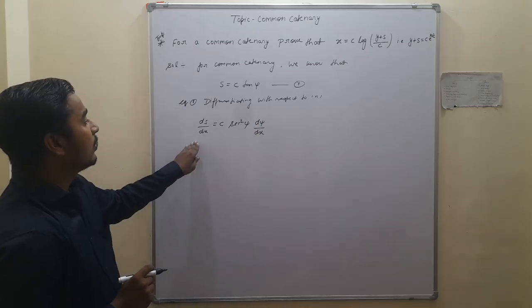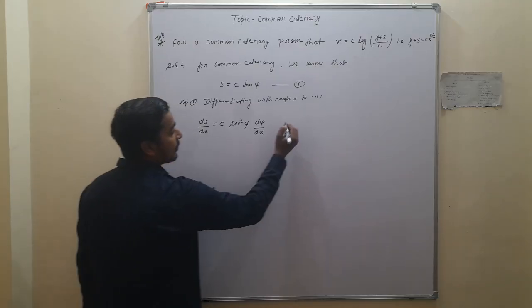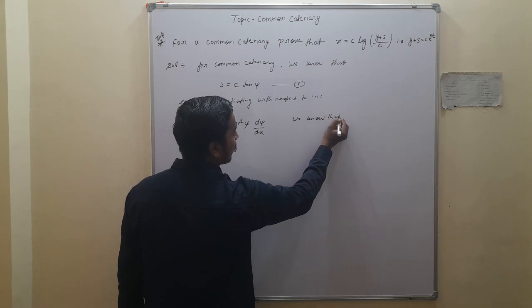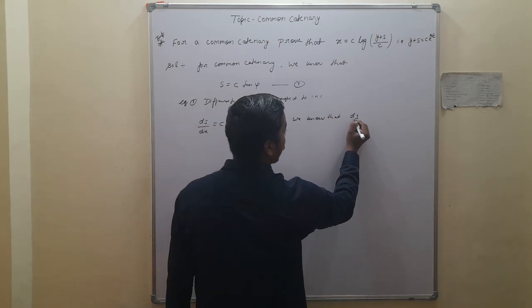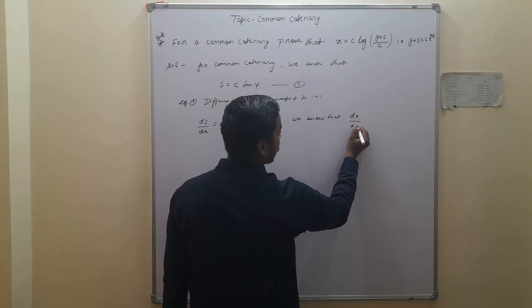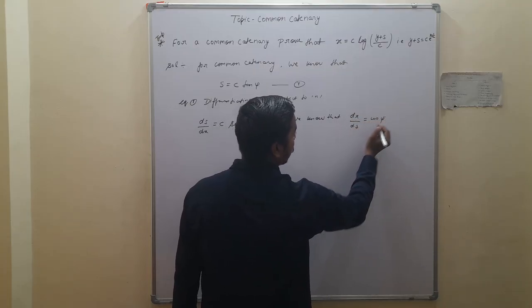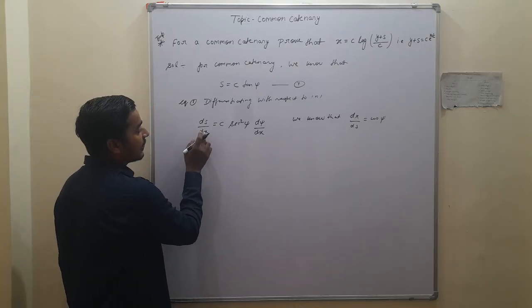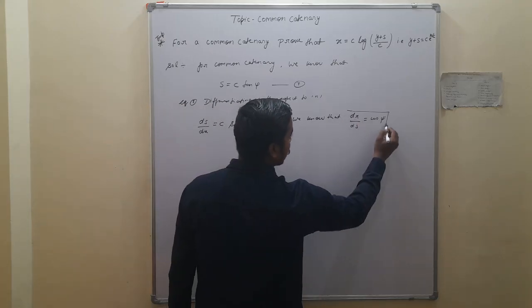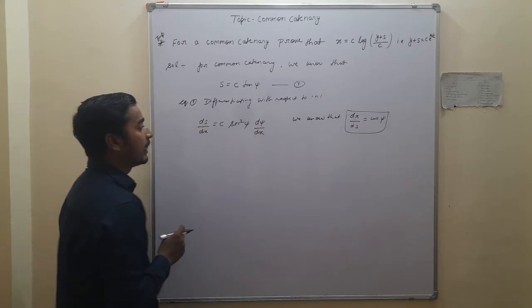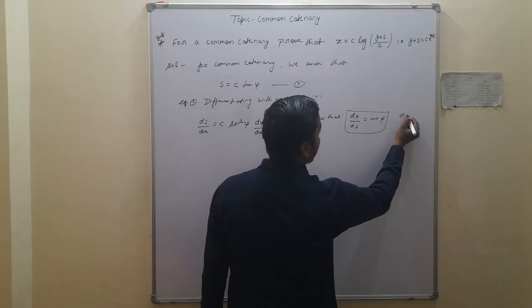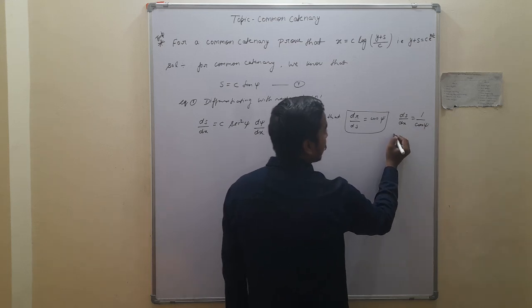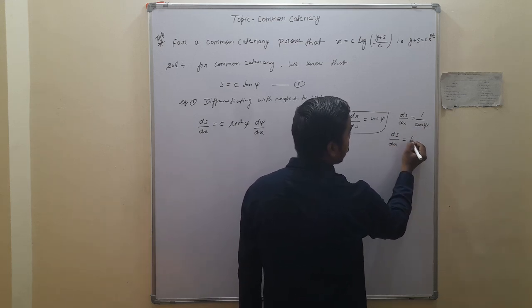We know that dx upon ds is equal to cos psi, so in the form of ds upon dx, that is 1 upon cos psi, ds upon dx is equal to sec psi.